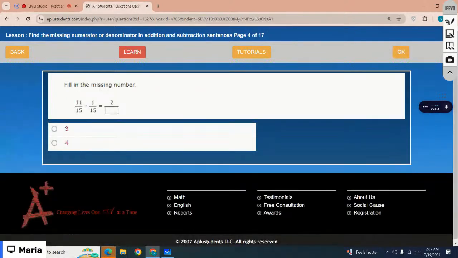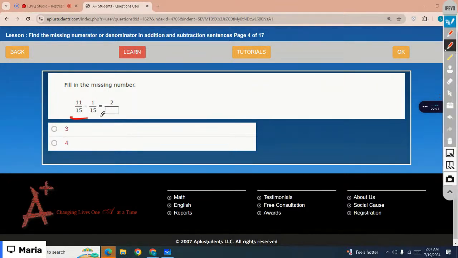Okay, fill in the missing number. So which number is missing? That is 11 over 15 minus 1 over 15. Just solve this side, right? 11 minus 1 is 10, that is 10 over 15.